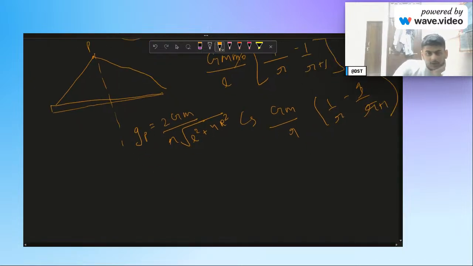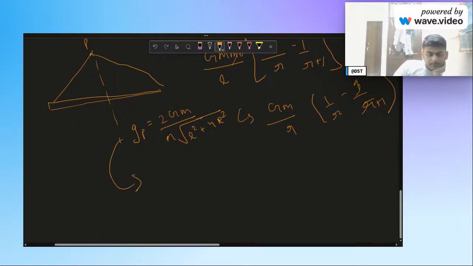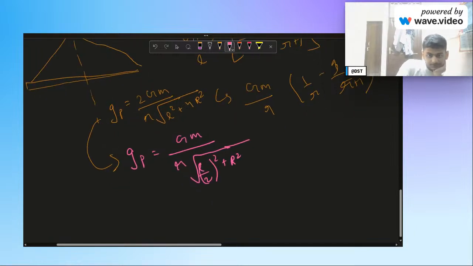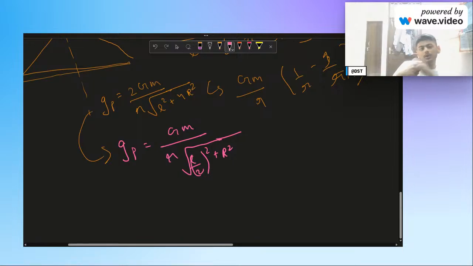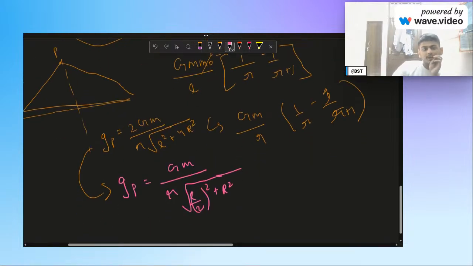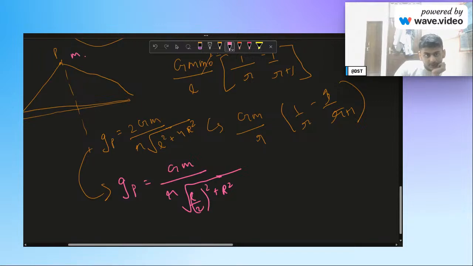Learning it in this form would be difficult, so another form you can remember is Gp equal to G m upon r into under root of (L by 2 upon r) whole square plus 1. What you have to remember is this is the mass, this is the distance r, and this is the distance L by 2.